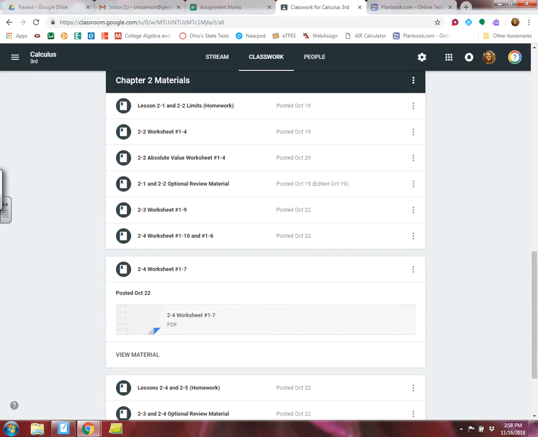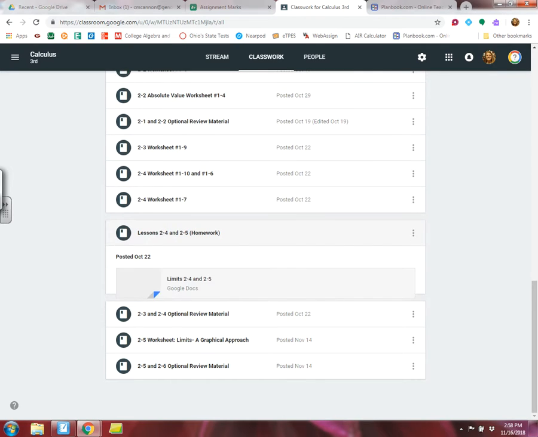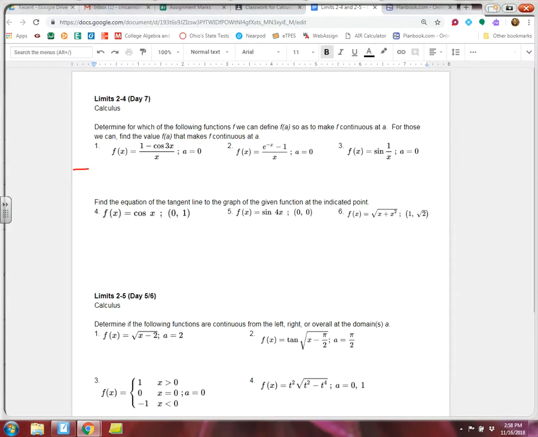So if we come down here, this is going to be lessons 2.4 and 2.5 homework. And we'll open this up. And if you take a look, you have those 3 problems and these 3 problems. So you have those as practice if you would like them. And I will go ahead and include the key of that on Classroom so you can see that.